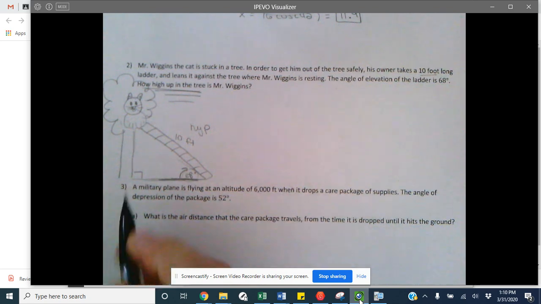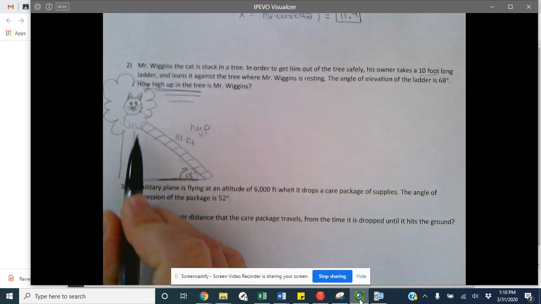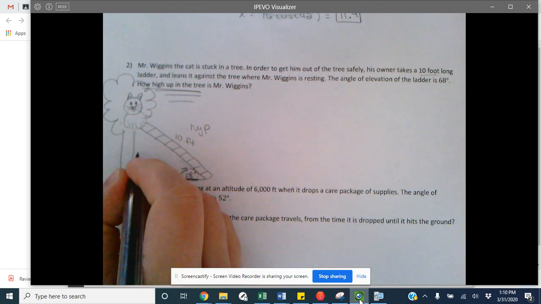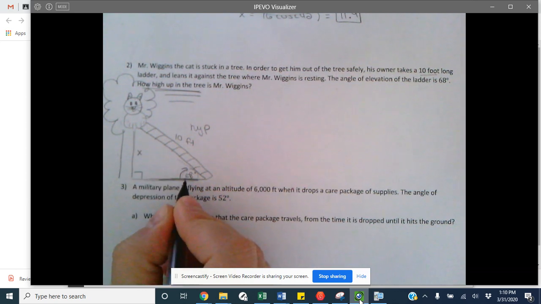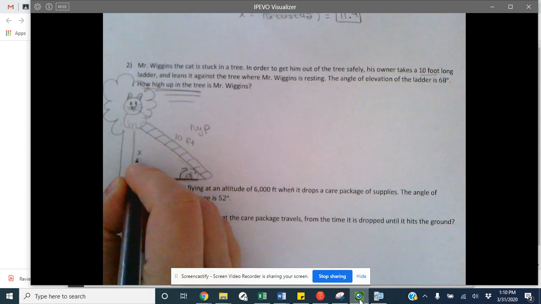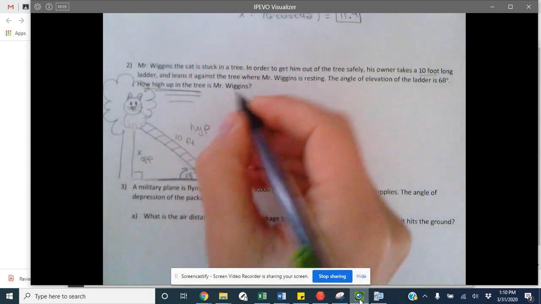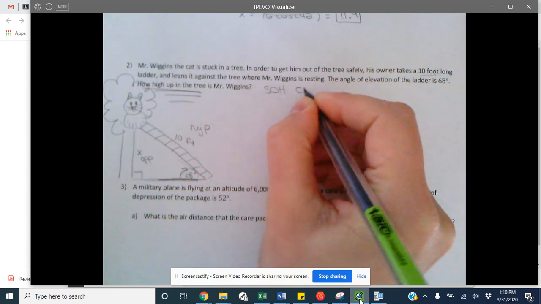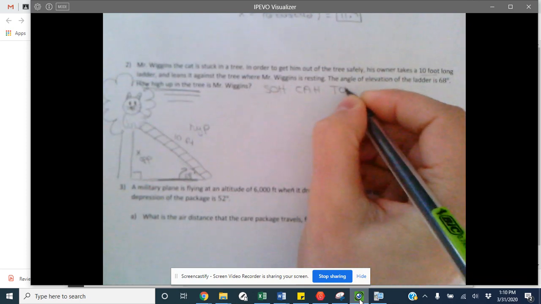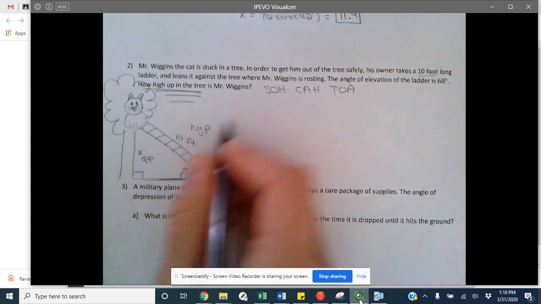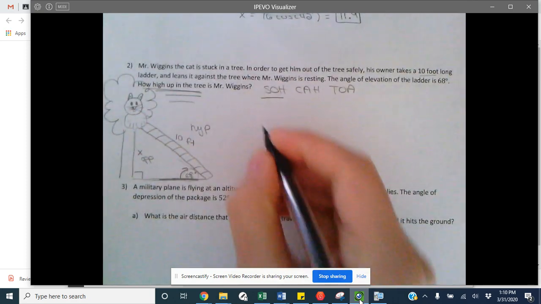So that's going to go on the vertical here. So that's going to be x. And that is where with respect to the angle of reference? Well, that's the opposite side. So which trig function are we using? So SOH or TOA? Opposite and hypotenuse will be sine.